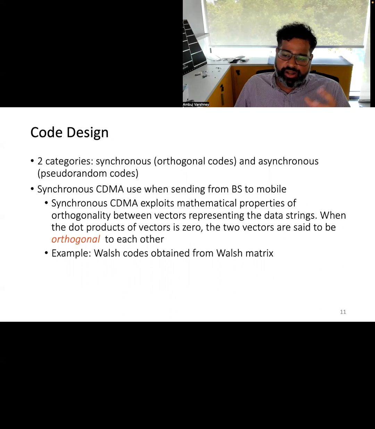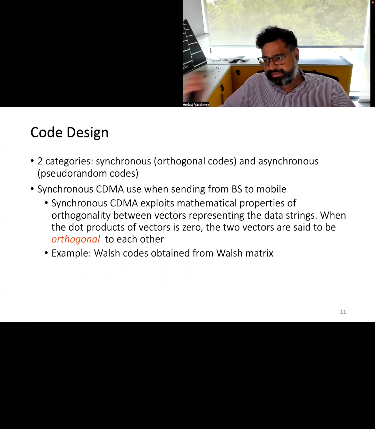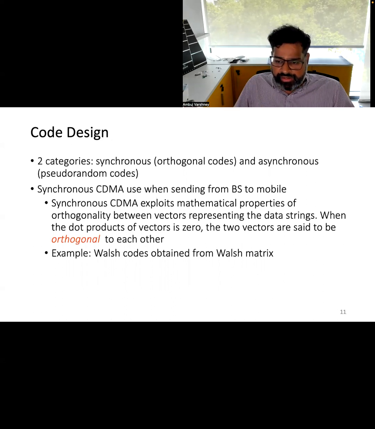This property allows multiple signals to be transmitted simultaneously without any interference, as long as these codes remain orthogonal. Synchronous CDMA is commonly used for downlink communication, let's say from your mobile tower to the mobile phone. One example of a synchronous CDMA code is called Walsh code, derived from the Walsh matrix. These are sequences of binary numbers that exhibit these orthogonality properties.